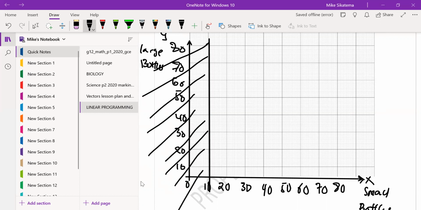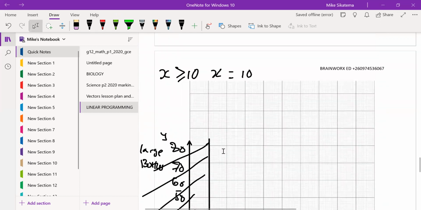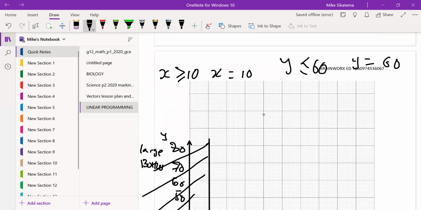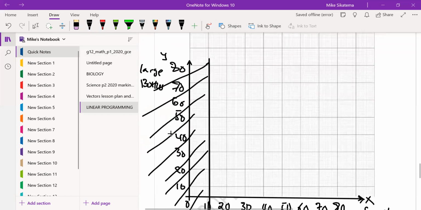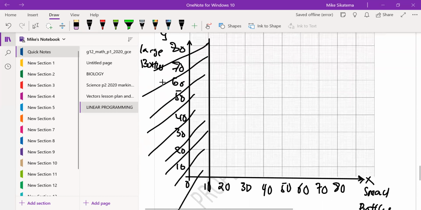Then the other inequality that we are plotting is for the large bottles, where we do not want more than 60 bottles. So we are plotting this line, y equals 60, which is parallel to the x-axis. So we find where there is 60 there, and we just draw it like this.